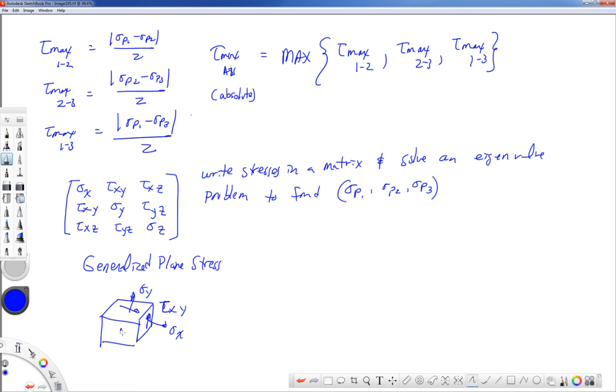But in addition to that, I have a stress component, sigma z. It's coming out in the z direction. Okay, I probably ought to put a note here. Not for my class.